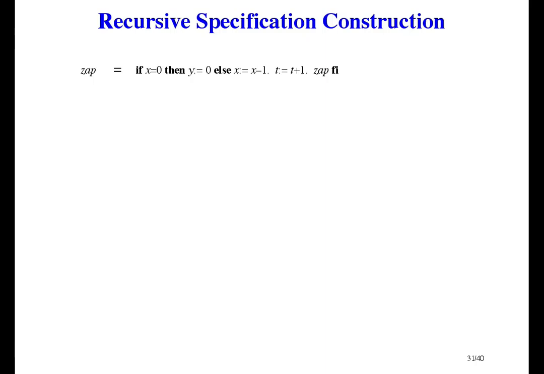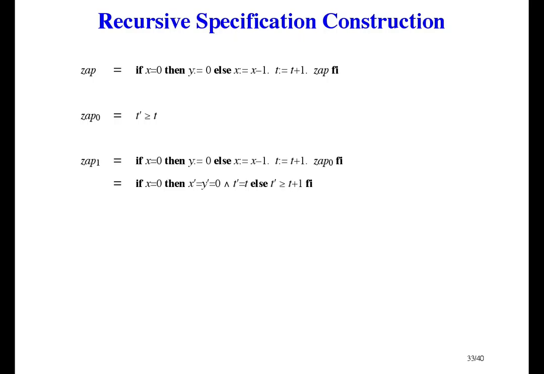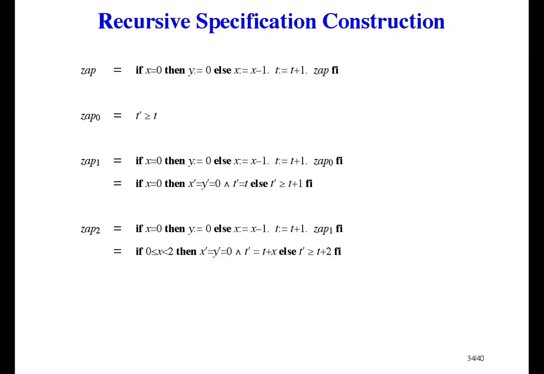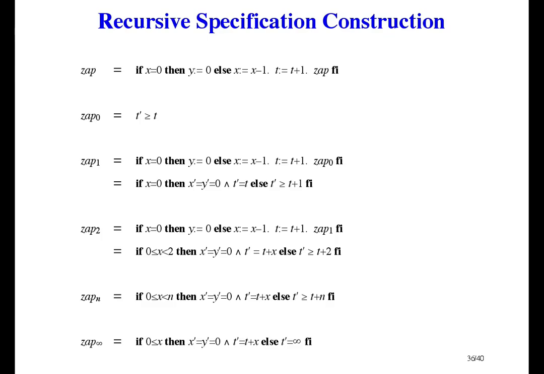My favorite starting place is t prime greater than or equal to t. Using that for zap 0, we get this for zap 1, and this for zap 2, and this for zap n, and finally this for zap infinity.